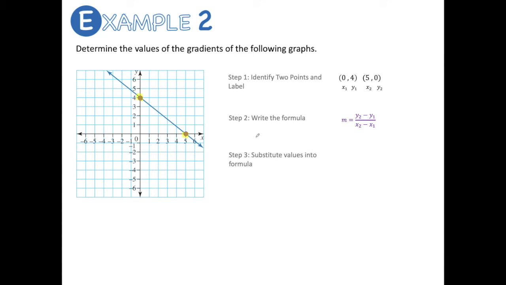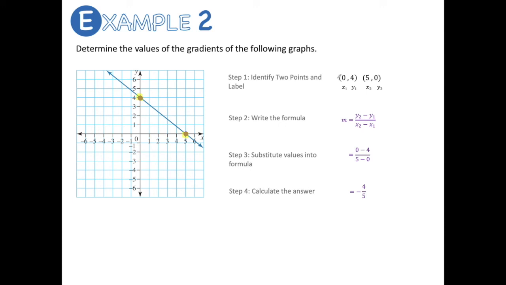So the third step is going to be substitute in my values. So my gradient is going to equal 0 minus 4 over 5 minus 0. So my last step to calculate the answer is going to be 0 minus 4, which is negative 4 over 5. So the gradient of my line is negative 4 over 5.